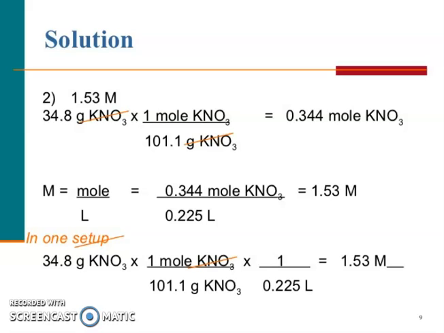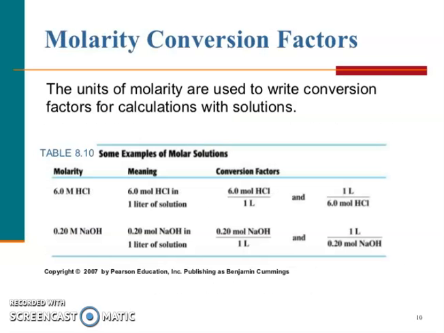M is equal to moles per liter. You know the moles, you know the liters. In one step, 34.8 grams sodium nitrate multiplied by 1 mole sodium nitrate divided by 101.1 grams sodium nitrate multiplied by 1 divided by 0.225 liter is equal to 1.53 molar sodium nitrate.